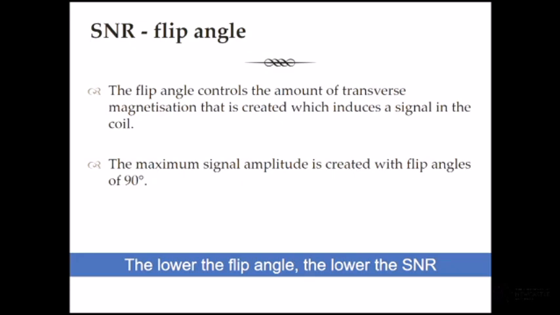When we're talking about gradient echo imaging, sometimes we're using an excitation flip angle much less than 90 degrees. So you can see already that's one of the reasons why gradient echo sequences characteristically have lower SNR than spin echo sequences.